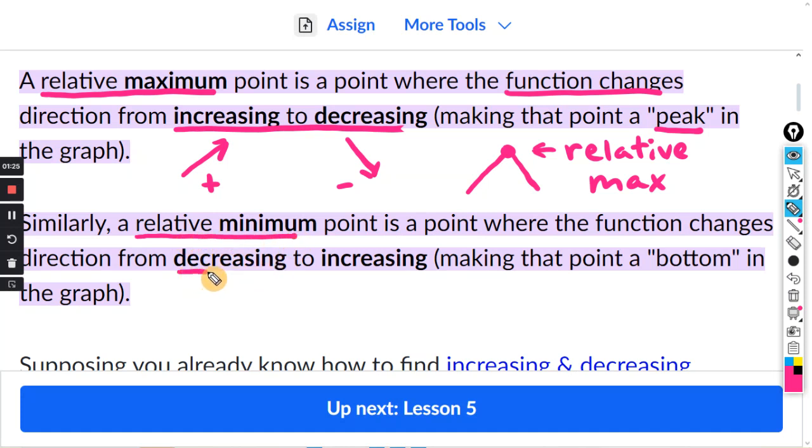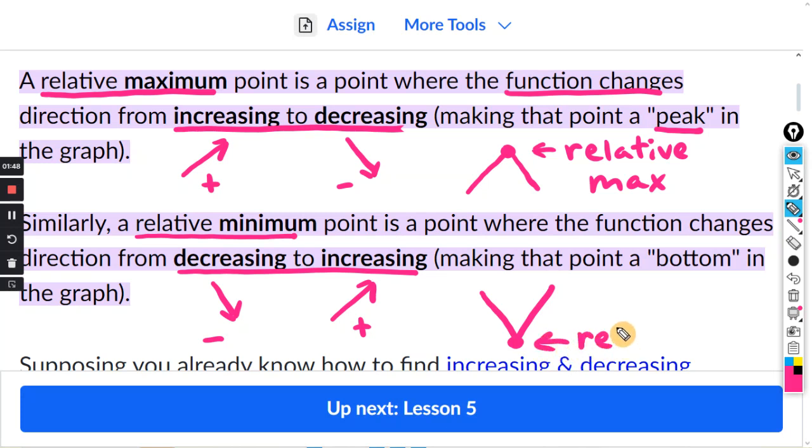It's going to go from decreasing to increasing. What is decreasing? We said that is a negative slope, and increasing would be a positive slope. So if the function goes from decreasing to increasing, in other words, it's going down and then up, right there is a relative min.